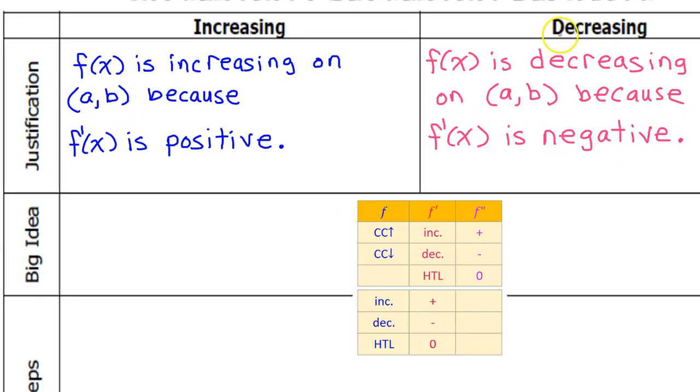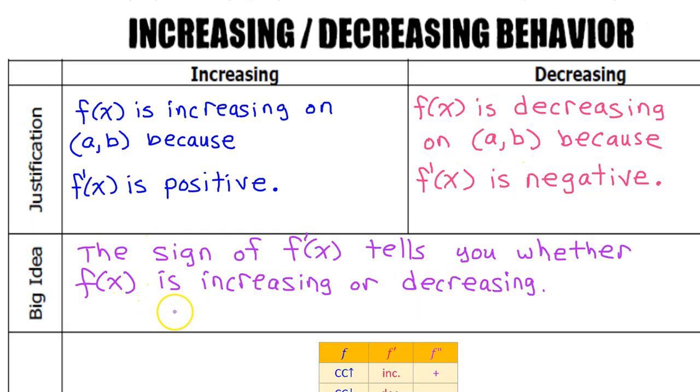Similarly, to justify a decreasing interval, we will say f of x is decreasing on the interval from a to b because f prime of x is negative. The big idea is that the sign of f prime tells you whether f of x is increasing or decreasing.